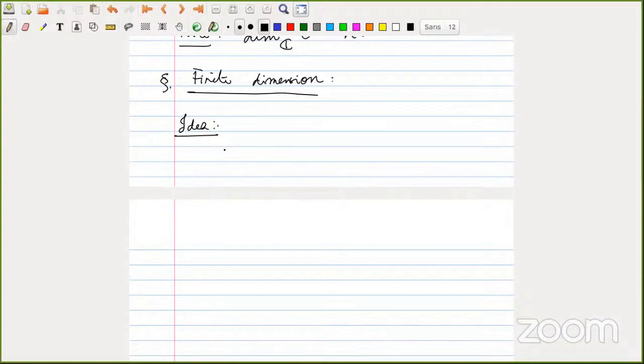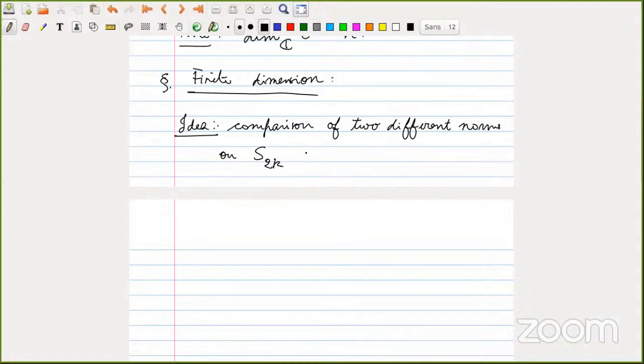The idea is that you compare two different norms on the space of cusp forms, which I can denote S_2k(gamma).